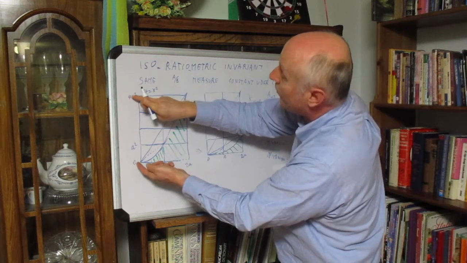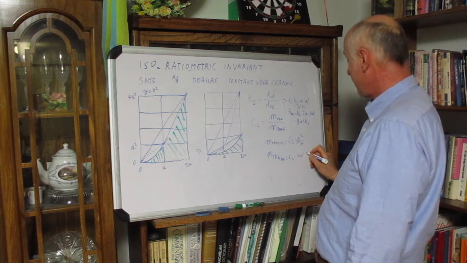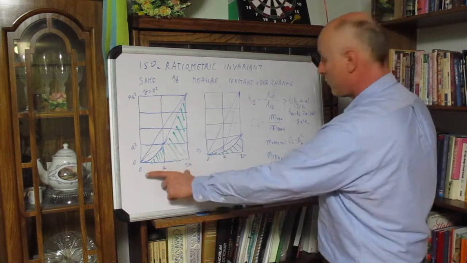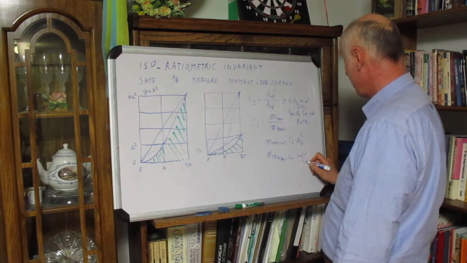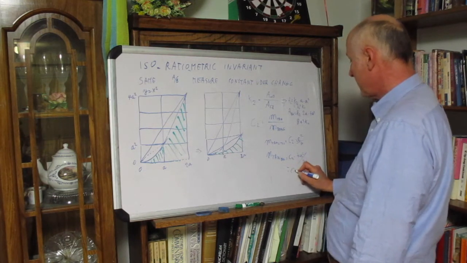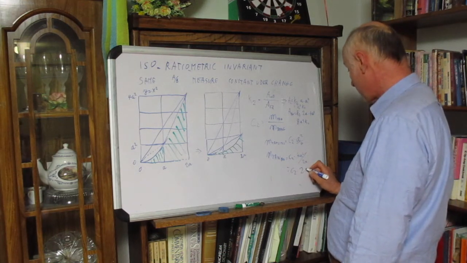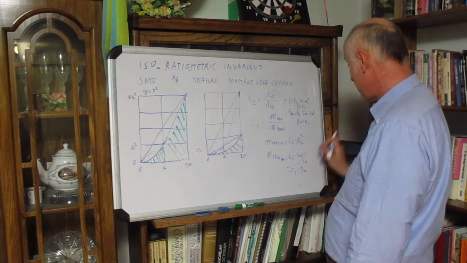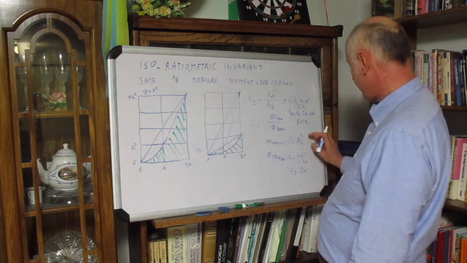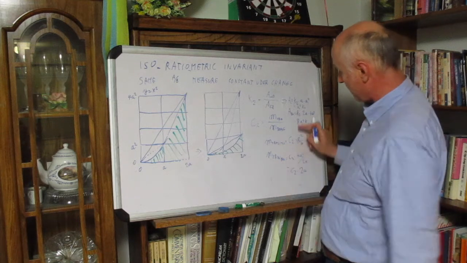That's 4A squared divided by 2A. And so that equals C2 times 2A, which is twice of the little guy. You can see that from here.